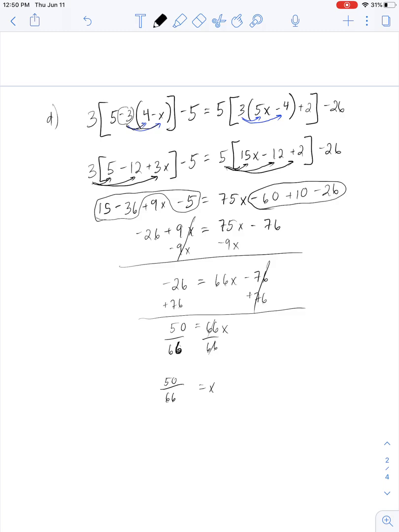So it looks like it can be reduced, right? Well, what happens if we divide both by 2? That gives us 25 over what? 33. All right, and I think that's all we can do there. So that's what we get as our solution there.